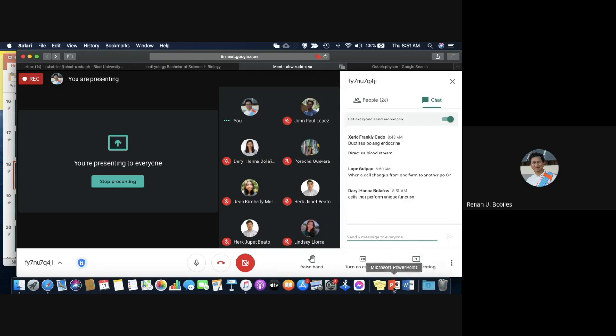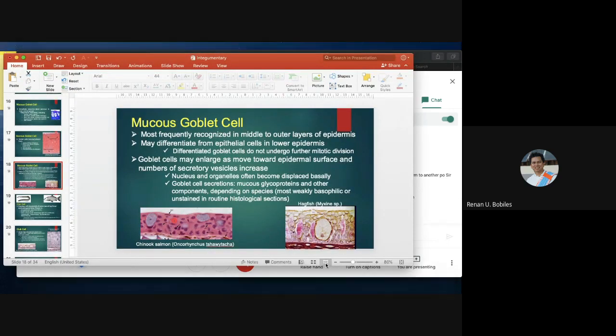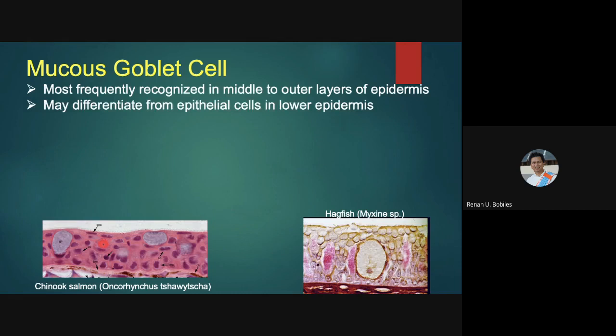So based on this, it shows that the mucous goblet cell differentiate from epithelial cells. The undifferentiated epithelial cells undergo changes from its original function like protection, yung squamous cells, okay?